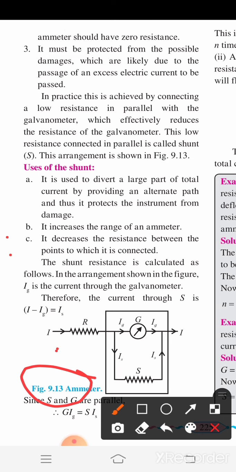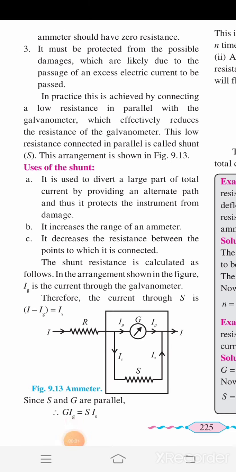Due to excess current passing through the instrument, the instrument may be damaged, and to avoid that damage the shunt is used. That large part of the total current is diverted by providing an alternate path. Thus it protects the instrument from damage.